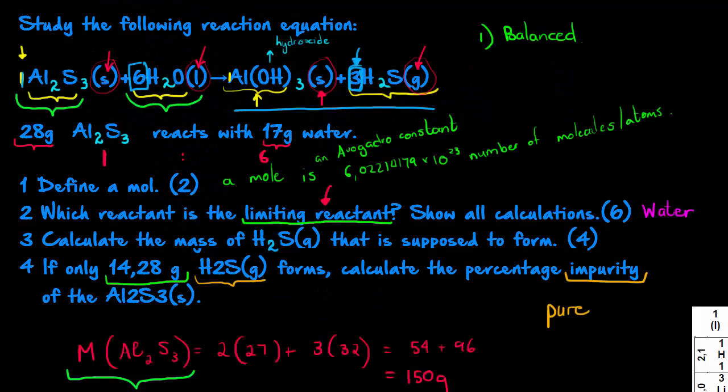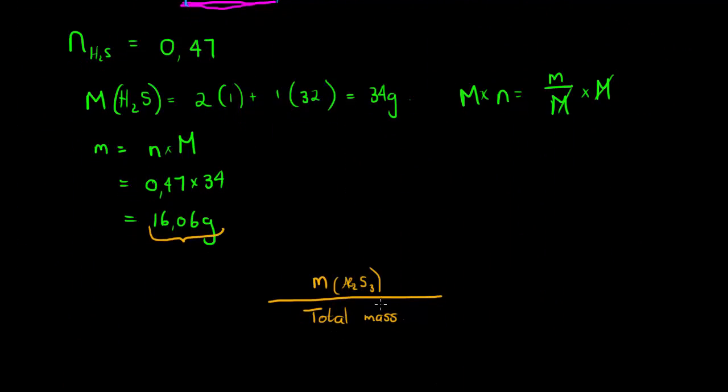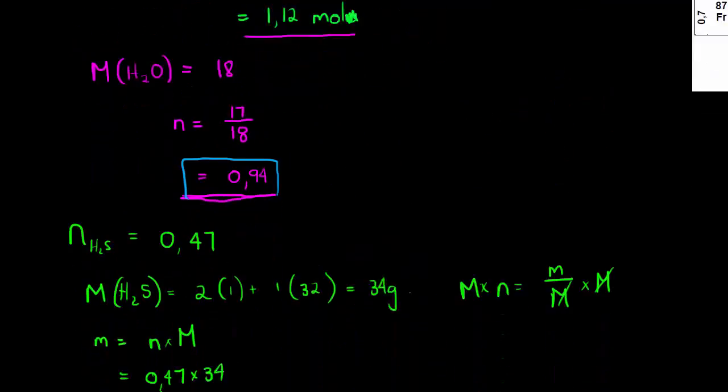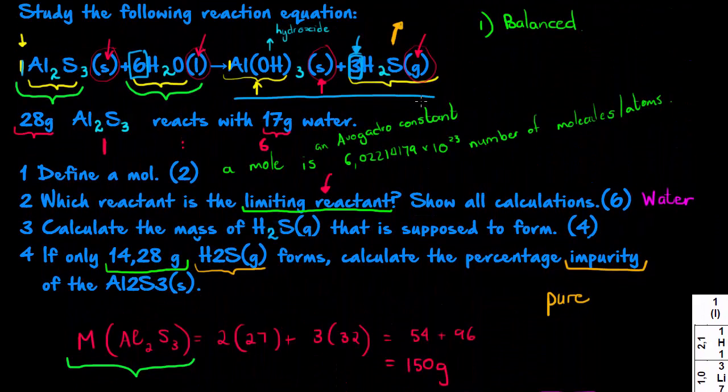Now I must be honest that I think this question is somewhat ambiguous, because we are not sure with the information given whether this gas is escaping. Because if this gas is escaping, then obviously the total mass in the end is not the same as the mass in the beginning, and all the mass that escaped we must subtract from the reactant.